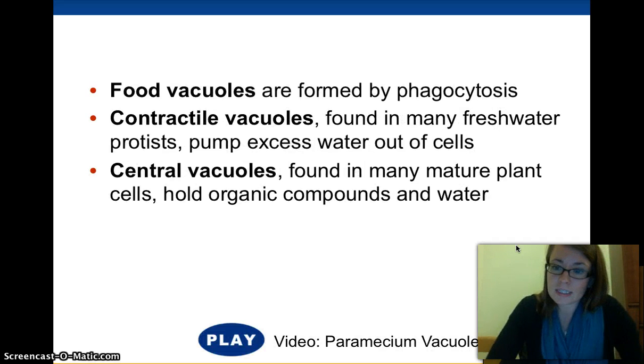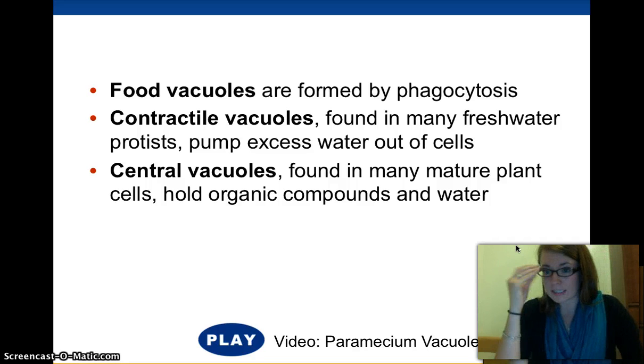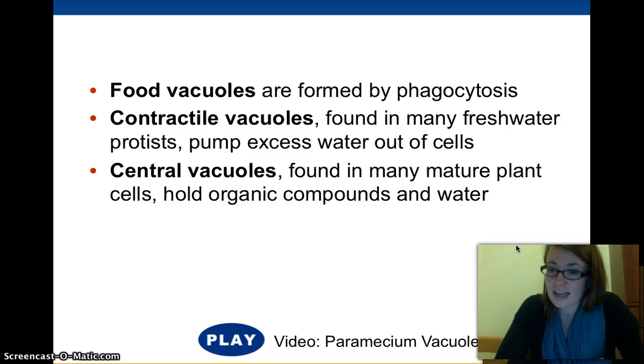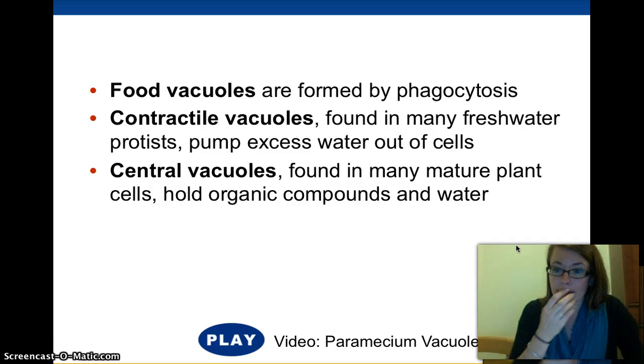The first one, it says, are food vacuoles, which are formed by phagocytosis. These are basically those little bubbles that can store food inside of them. And the likelihood is that they'll probably fuse with a lysosome, so we can break down the food and use it for something else. Then we also have contractile vacuoles, which are found in a lot of freshwater protists.